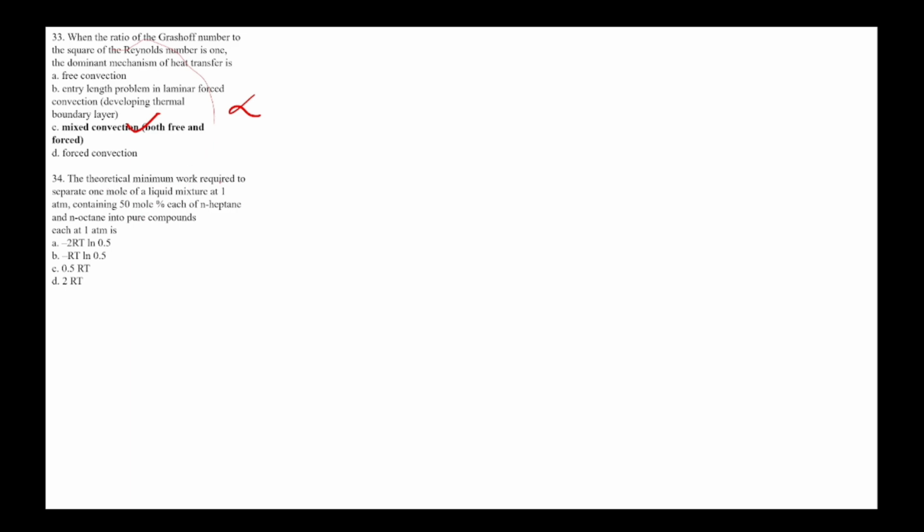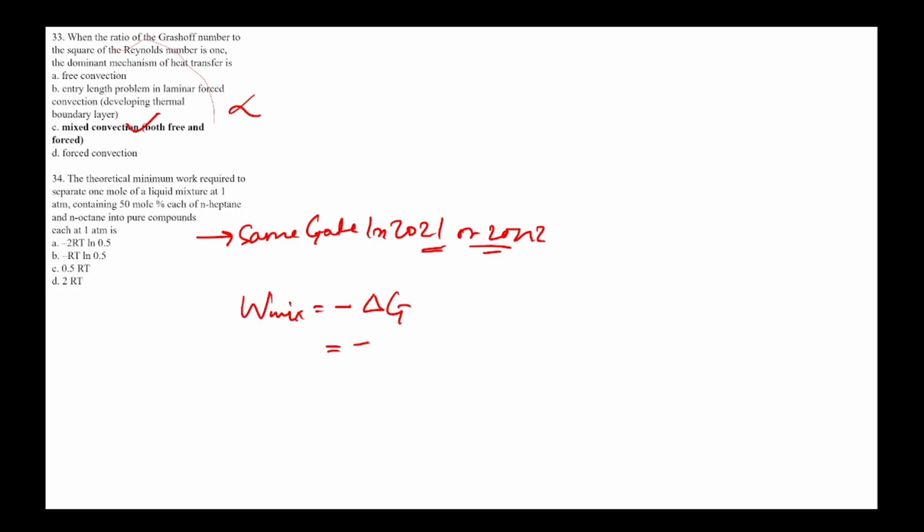Okay, the theoretical minimum work required to separate 1 mole of gaseous mixture at 1 atm. The same question GATE has asked in 2021 or 2022. Some question is there. Okay, so we know that work minimum is equal to minus delta G, that is minus RT summation of xi ln xi.